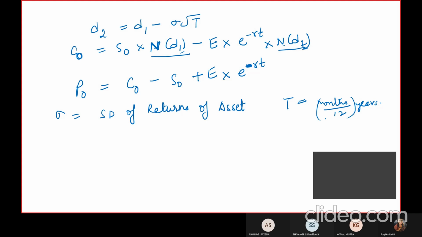One is binomial model and second is Black-Scholes option pricing model. बाइनोमियल मॉडल दो तरीके का था, रिस्क न्यूट्रल मेथड एंड ऑप्शन इक्विवेलेंट मेथड. हम दोनों डिस्कस कर चुके हैं. Any doubt in this?